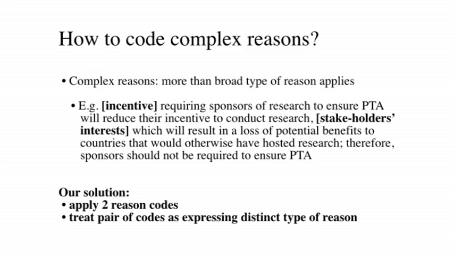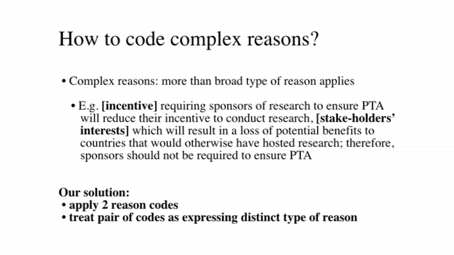We call these arguments complex reasons, and here is an example. Requiring sponsors to ensure post-trial access will reduce their incentive to conduct research, which will result in a loss of potential benefits to countries that would otherwise have hosted research. Therefore, sponsors should not be required to ensure post-trial access.